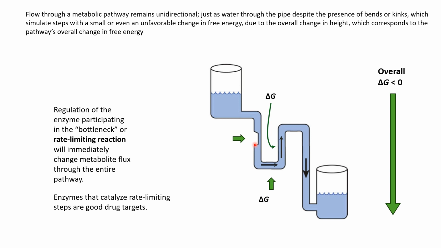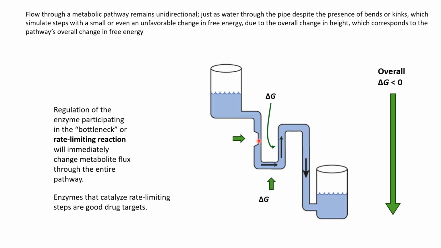And this is true also of enzymes, because the enzymes all have their own unique Km and Vmax properties, and some enzyme catalyzed steps in the pathway may be rate limiting like this. And these are usually the targets for controlling and regulating the overall flow of metabolites from initial reactants to the final products of that pathway.